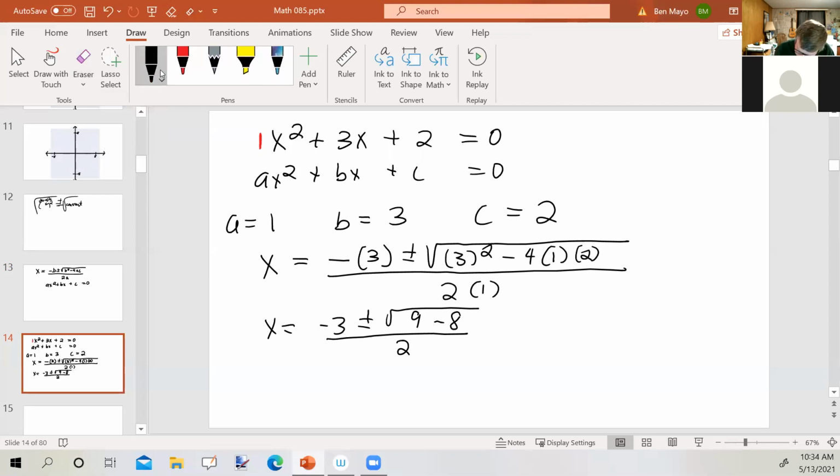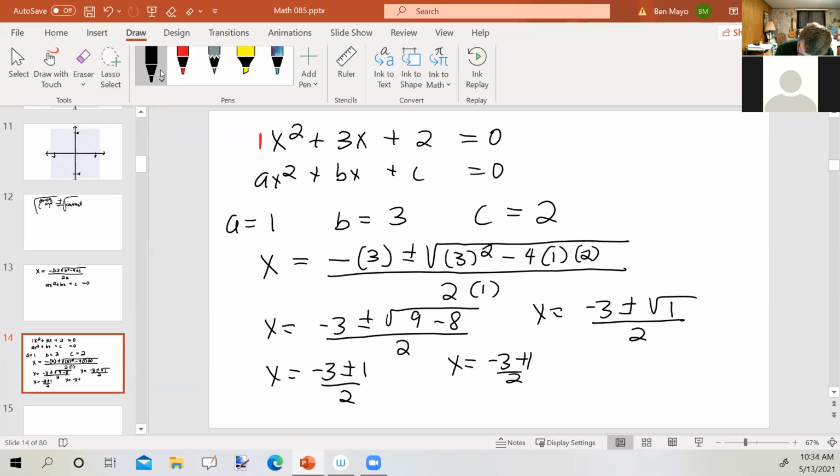Okay, so x equals negative 3 plus or minus the square root of 9 minus 8 is 1, all over 2. The square root of 1 is 1, all over 2. So we've got x equals negative 3 plus 1 over 2, and x equals negative 3 minus 1 over 2.